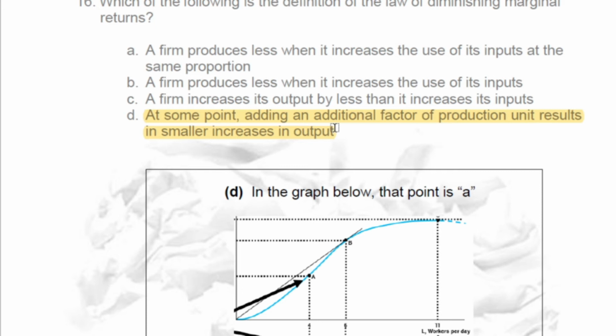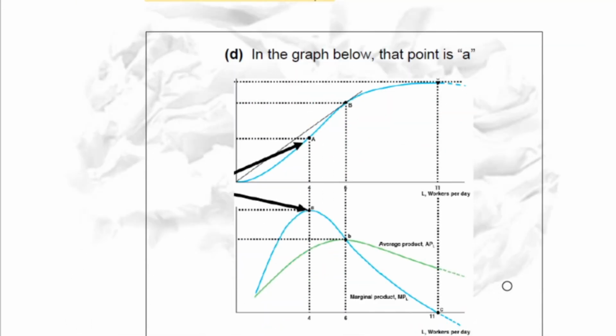Maybe the fourth labor unit increases my production function by 10, but the fifth increases it by 8, and the sixth labor unit increases it by 4. My production function increases, but each time by less.